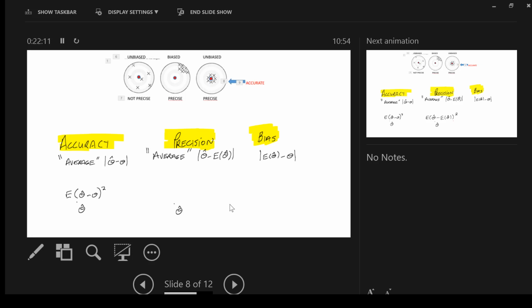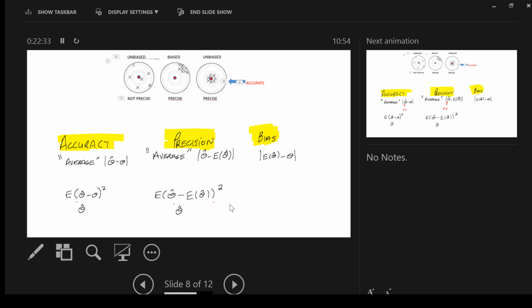Okay? So, how am I going to measure precision? What is precision? Remember I said precision was variance of theta hat. It's precise if those different samples gave you similar values. So how do you measure how far the theta hat is from each other?